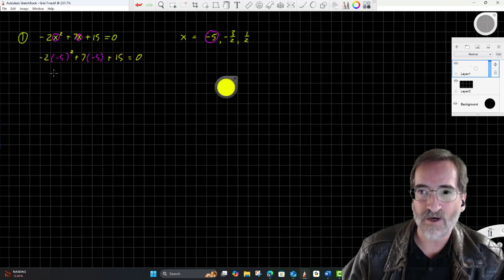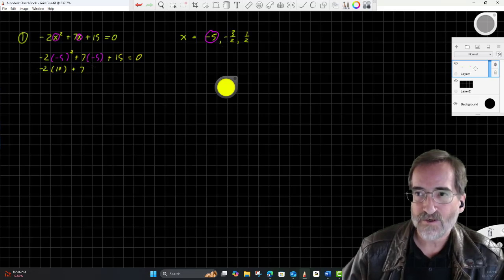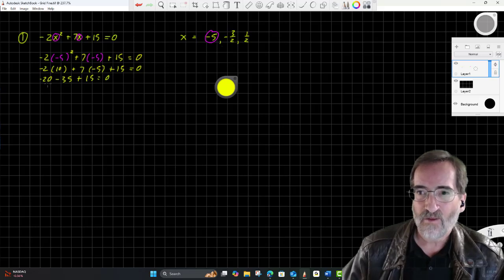Negative 5 times negative 5 is positive 25. So exponents first. Then multiply. Negative 2 times 25, and negative times a positive is a negative, negative 50. 7 times negative 5 is negative 35. Negative 50 and negative 35 is negative 85.